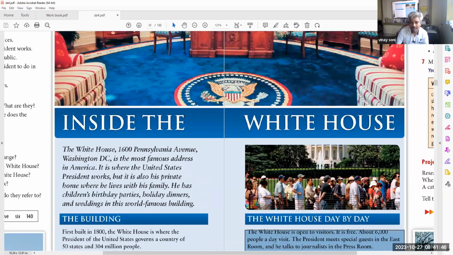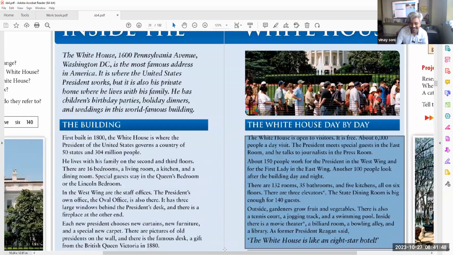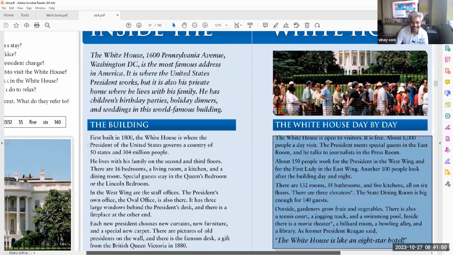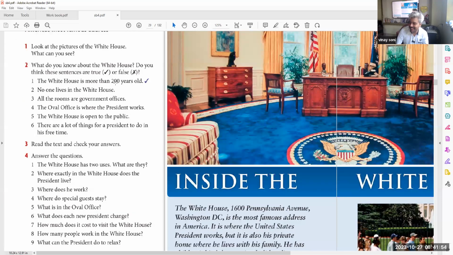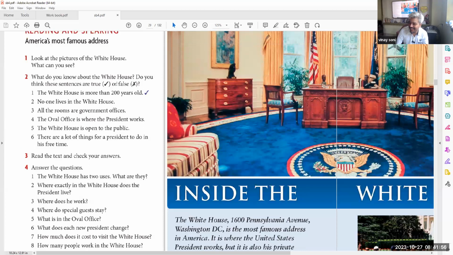So, which of your answers were not actually true? I think you realize that somebody lives in the White House, right? Who lives there? The President of the United States. He lives there with his family, on the second floor and the third floor.